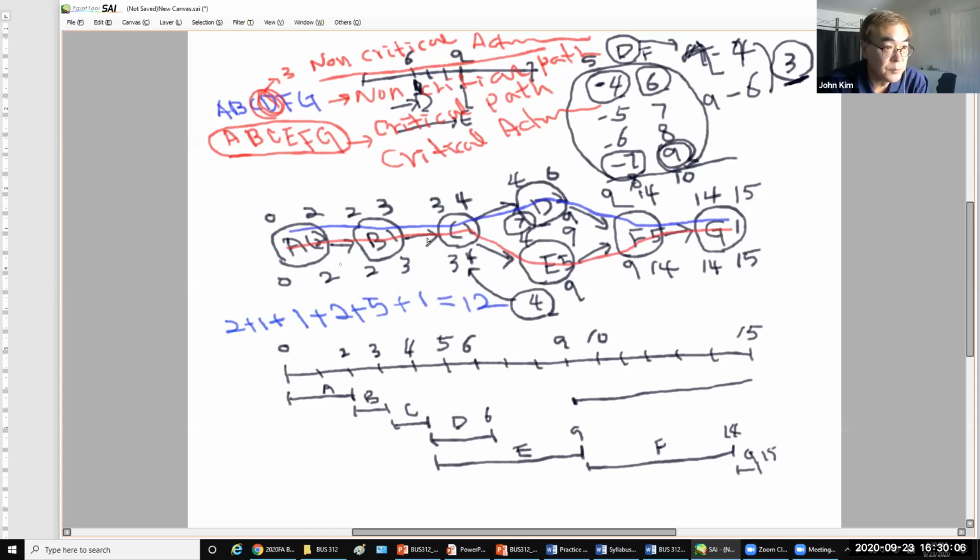And then this path: 2 plus 1 plus 1 plus 5 plus 5 plus 1 equals 15. So there are two possible paths, and the path durations are 12 and 15. So this one is longer. So the path A, B, C, E, F, G is the longest and the critical path.